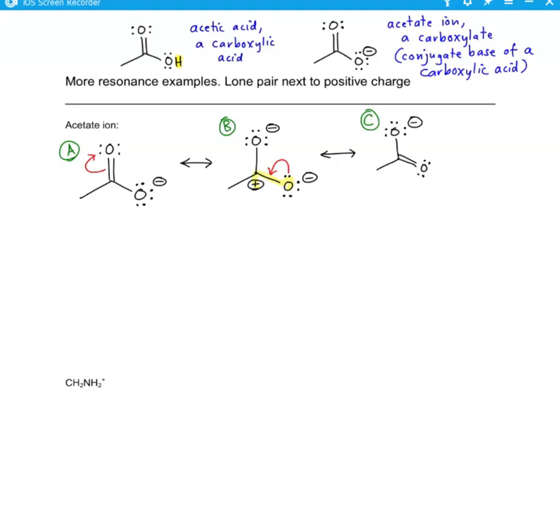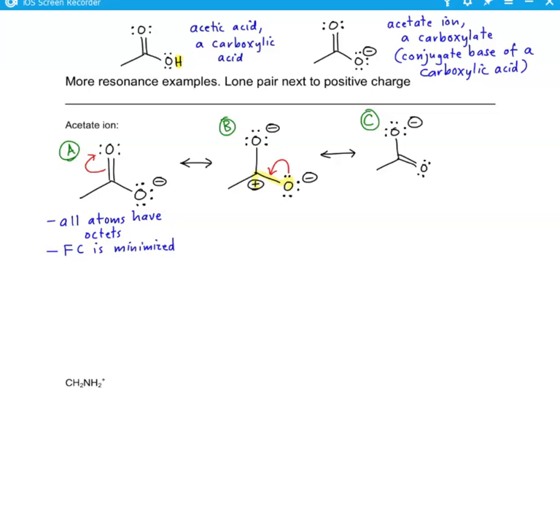Once you've done that, hopefully what you're observing is the following. In structure A, all of the atoms have octets. Also in structure A, formal charge is minimized.